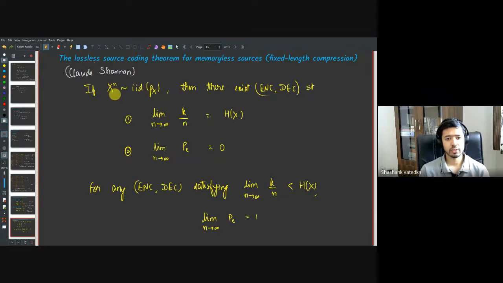So it says the following: if the sequence is IID, this is also sometimes called a memoryless source.